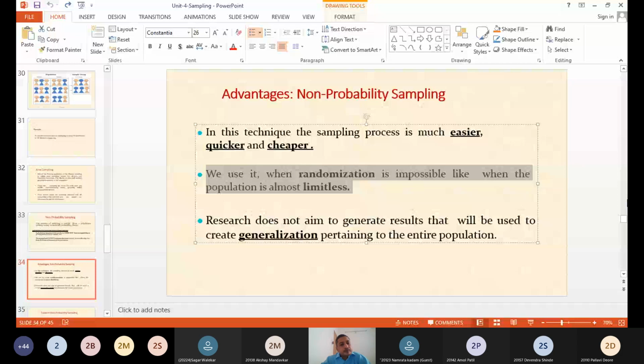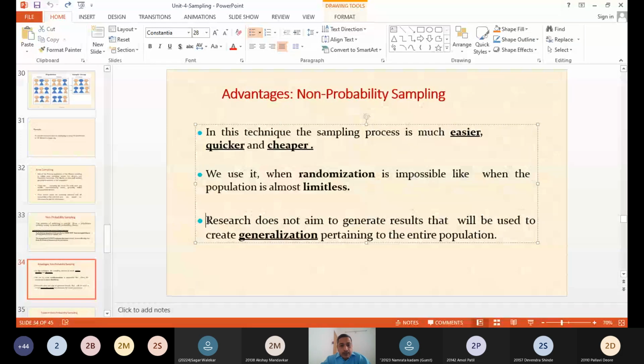For example, if you are studying students of a university, having the exact number of students is difficult. Also the number of students will be large, so it is difficult to calculate the sample size for that population. So when the population is limitless or large, then this type of non-randomization, that is non-probability sampling, can be used.